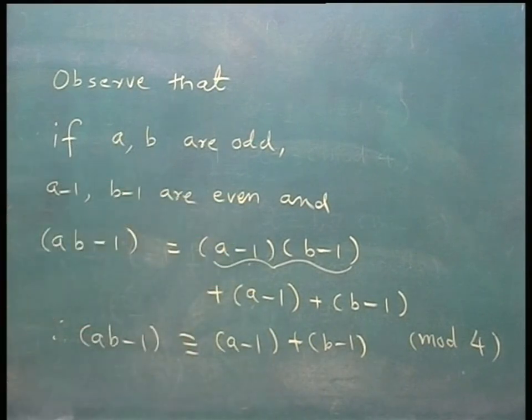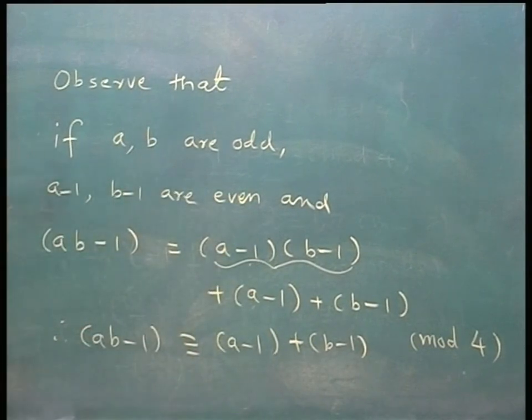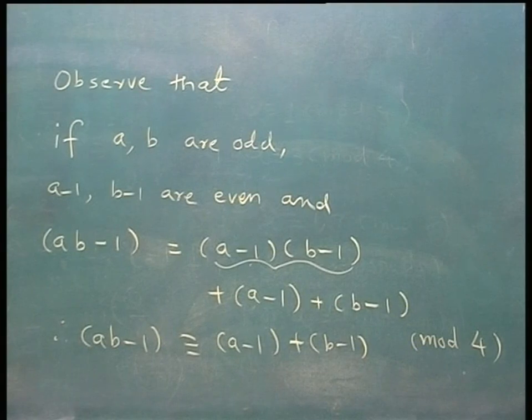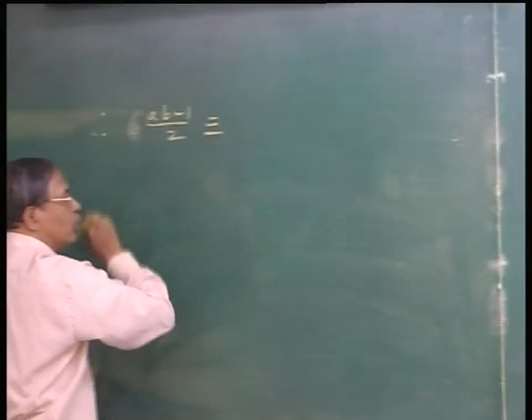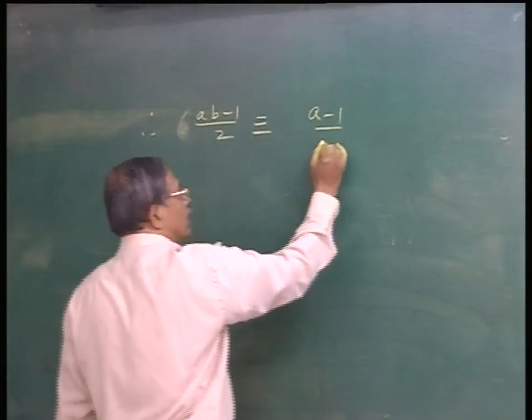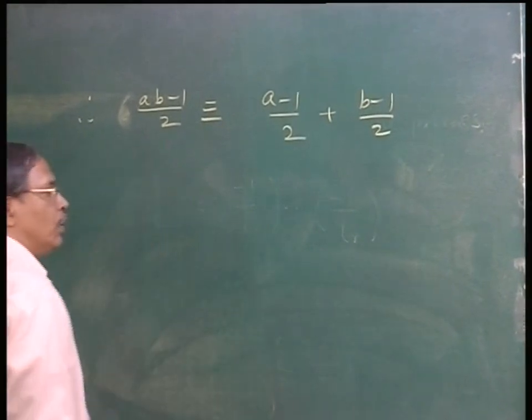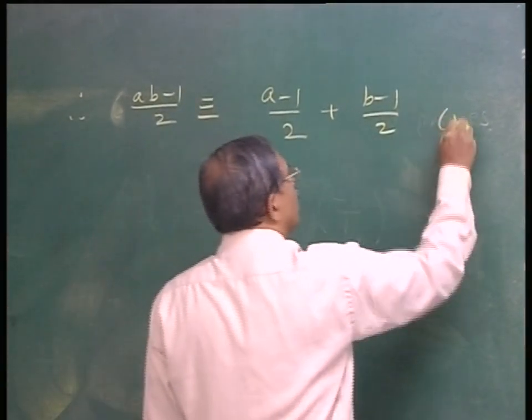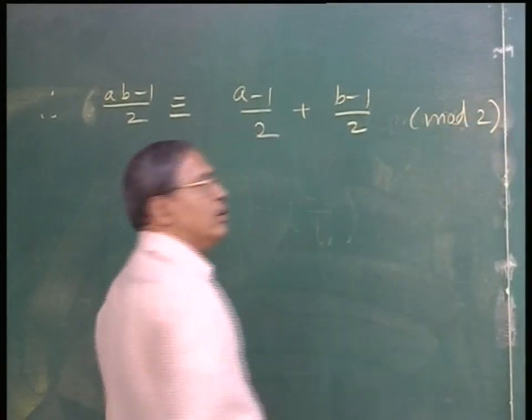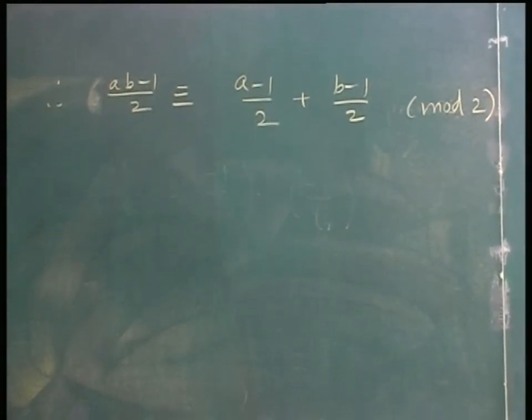So throughout we divide the congruence by 2. Therefore, (AB-1)/2 is congruent to (A-1)/2 plus (B-1)/2 mod 2.